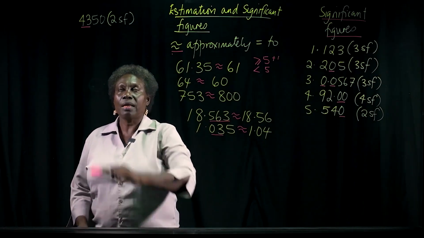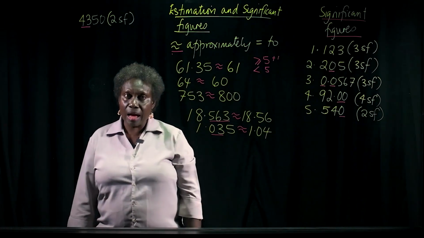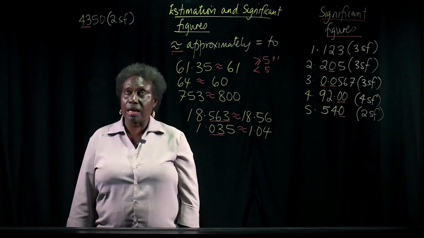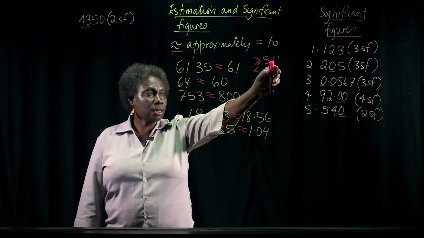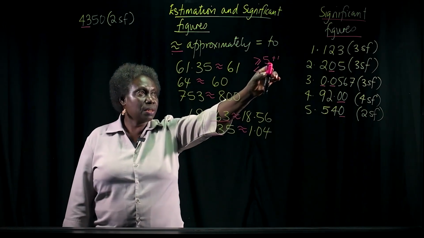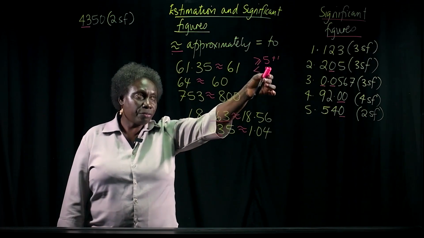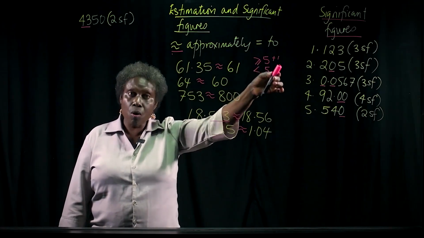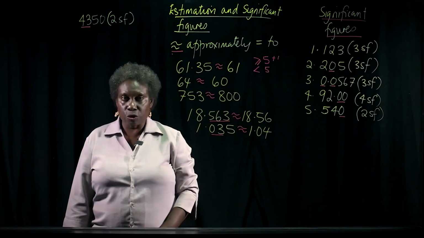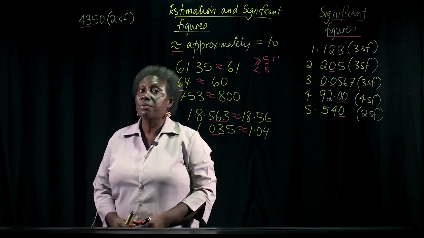Now, if we look at the next number after the last significant figure, 3, it is 5. Okay, as we can see from this, we say if the number after the last significant figure is 5 or more, we add 1 to the last significant figure required.